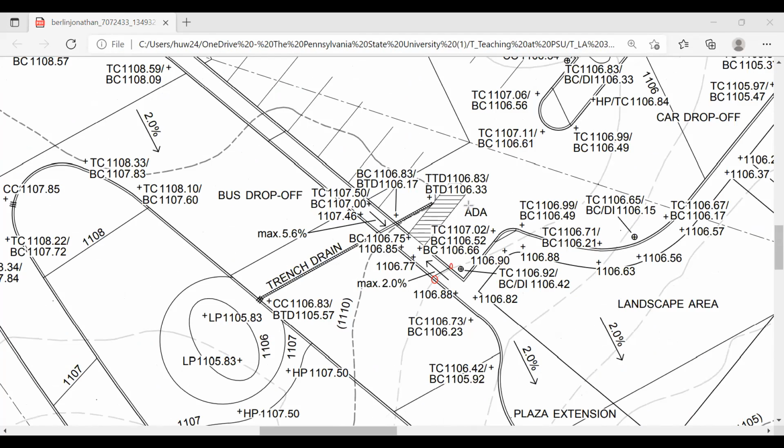Actually, you would have a separate one because, no, it wouldn't, it would have a wall. The ramp has a short wall over here too, right? So you would have this spot elevation.